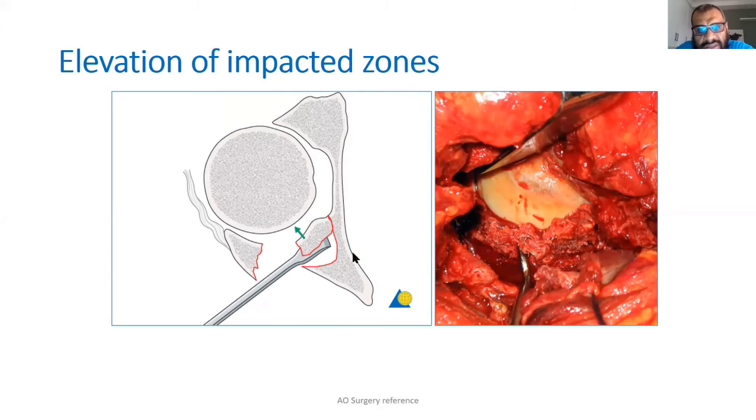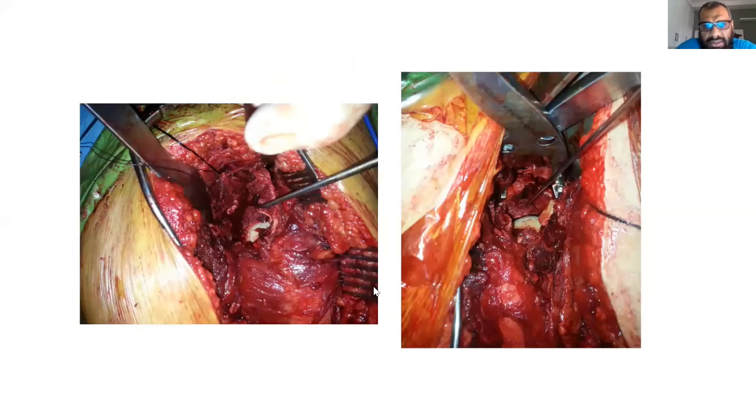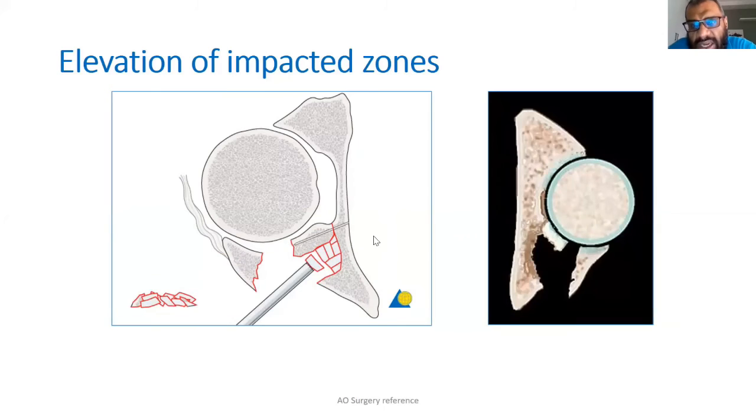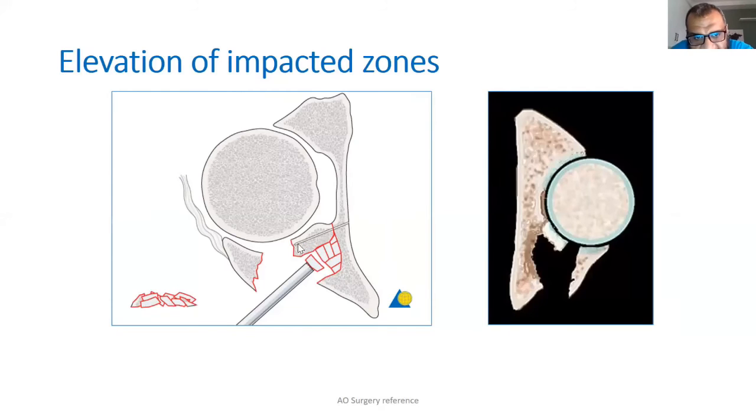Okay. Then you put some graft, and after putting the graft, you fix this fracture at the deepest level with a K-wire or a mini-set screw.